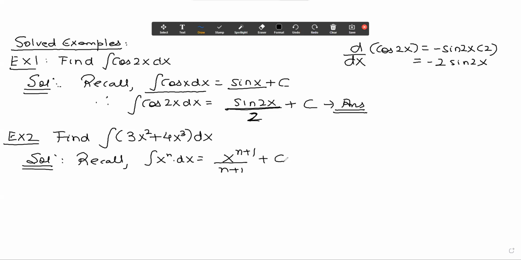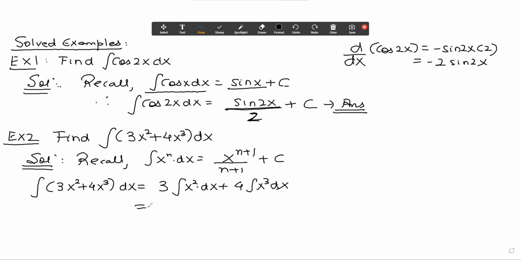So applying this, integral 3x square plus 4x cube dx we can write as 3 times integral x square dx plus 4 times integral x cube dx. The constants come out.